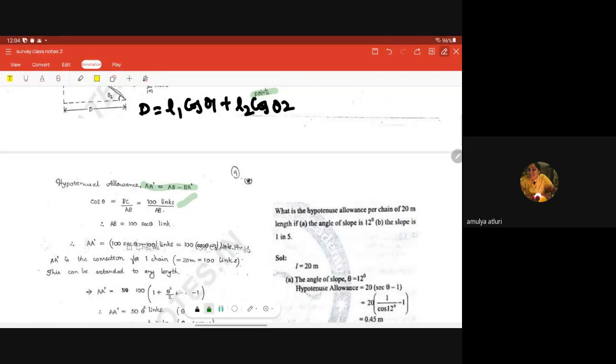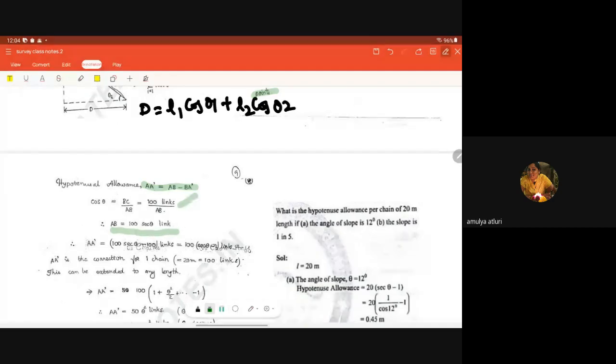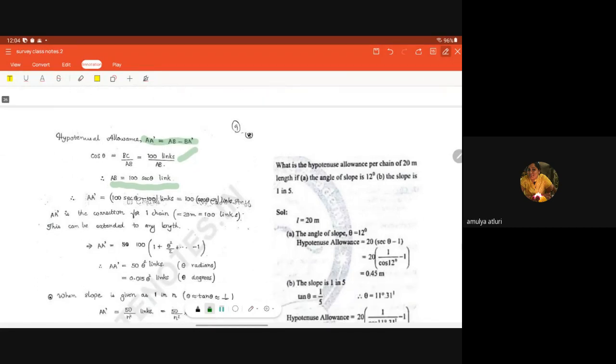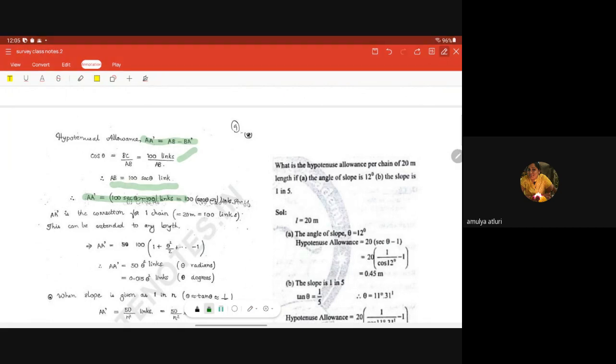So I'm considering this BC as 100 links divided by AB. So AB is equal to 100 secant theta links, since secant is 1 by cos theta. So AA dash is equal to 100 secant theta minus 100 links. Got it? So AA dash is the correction for one chain.